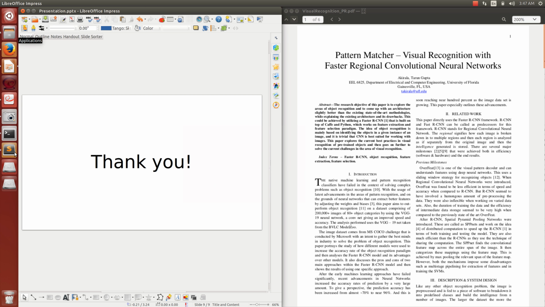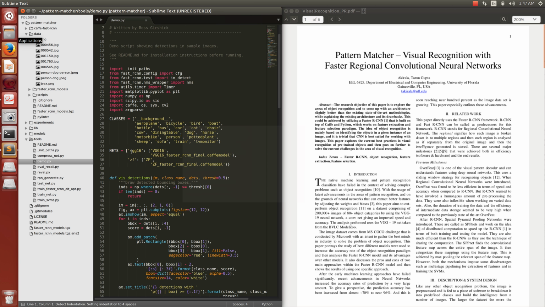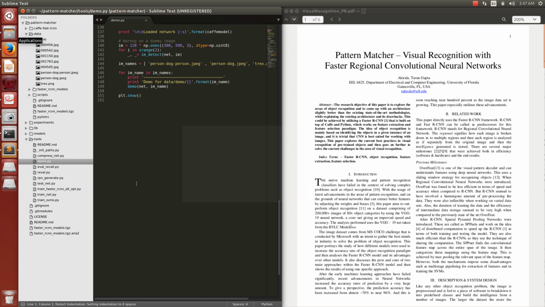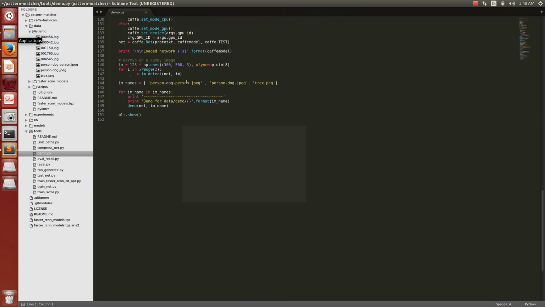So let's get the code running so that we can see more outputs. We have the demo code here. We have 3 images as of now: person dog person, person dog, and T-Rex.